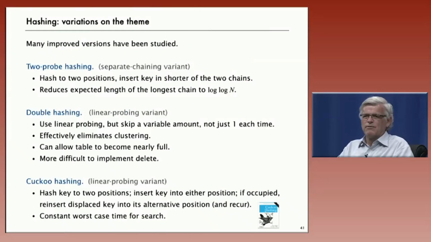That's another variation on the theme. And all of these things allow us to make better use of the memory, allow the table to become nearly full. Would have been very exciting to the researchers in the 1950s who cared so much about memory. Nowadays, a little extra memory is not something that people care about so much, and most people just go with the easy algorithm, except for really performance-critical applications.